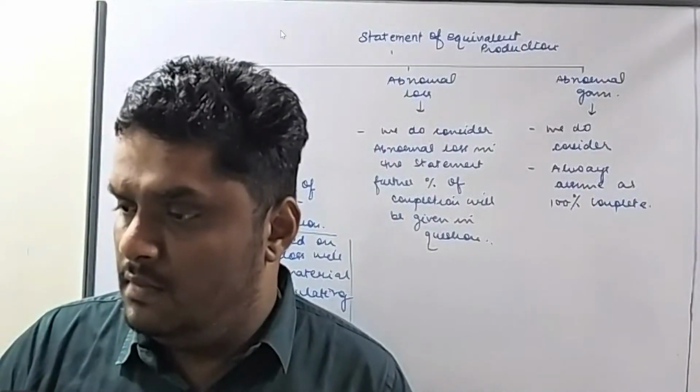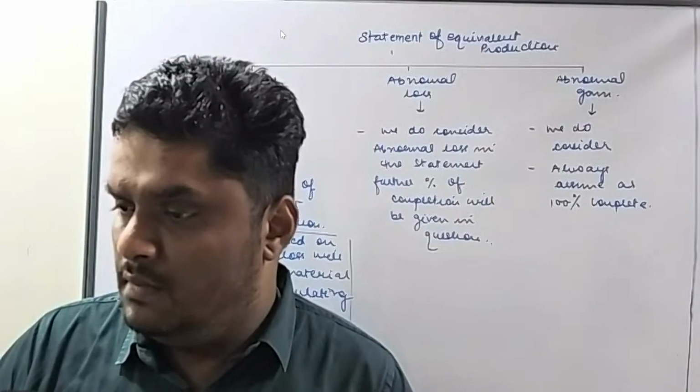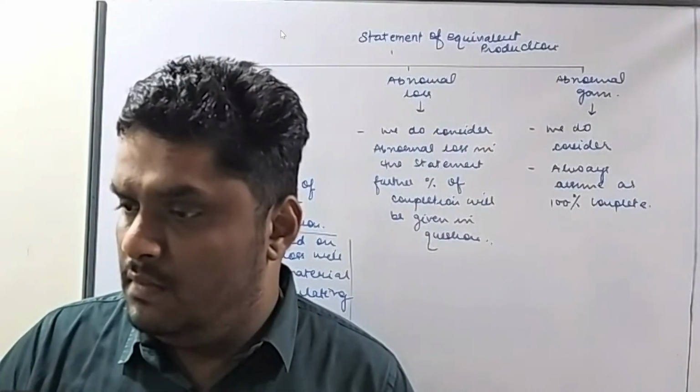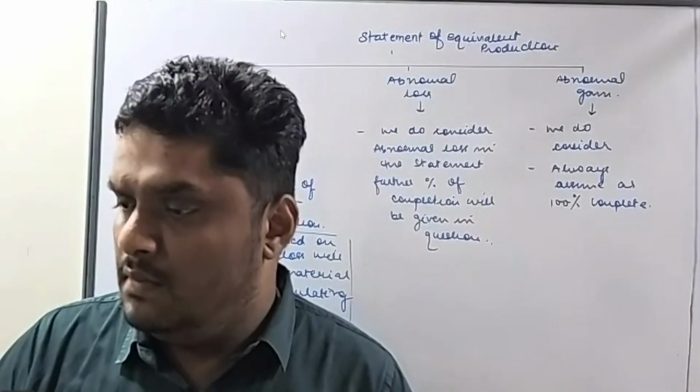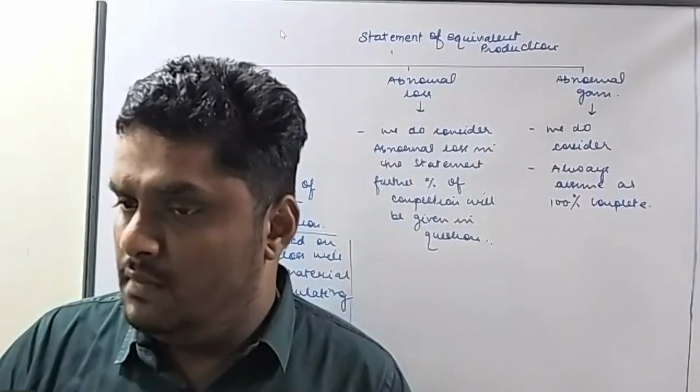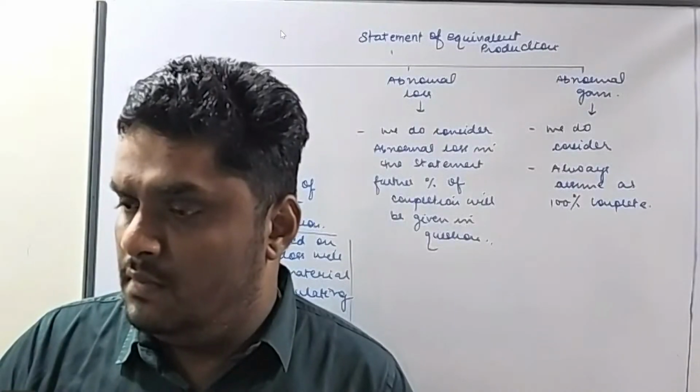Now, sir is already teaching you regarding the process and operation costing. Couple of things very quickly I would like to share with you. Number one, how the treatment of losses and gain will be there in process costing. Please keep an eye on that. I'm sure that Bipin sir has touched that point.